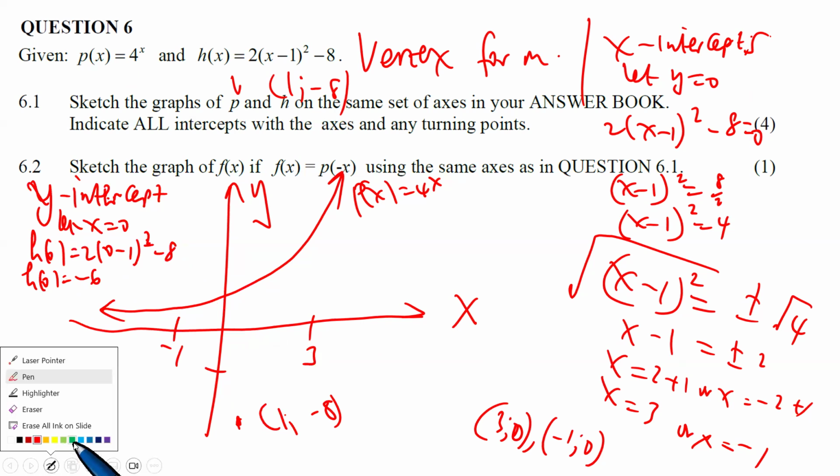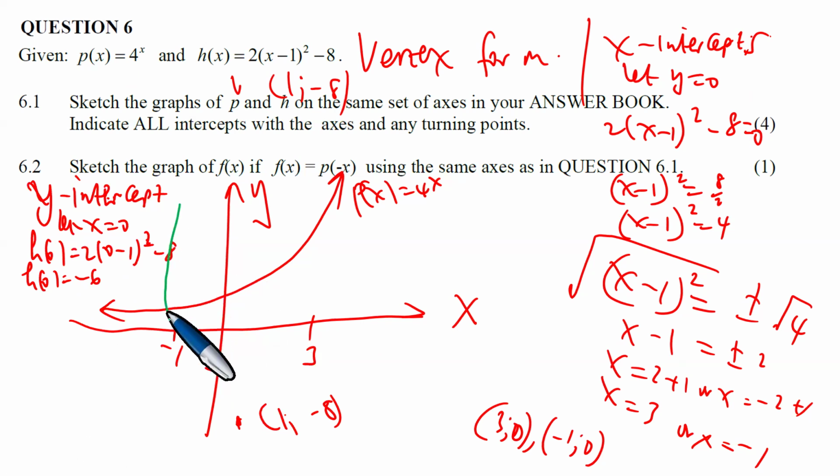Let me just do it in green color. So the graph is going to be like this. This is the graph of h, and this one is the graph of p. Obviously here, when x is 0, y is 1.